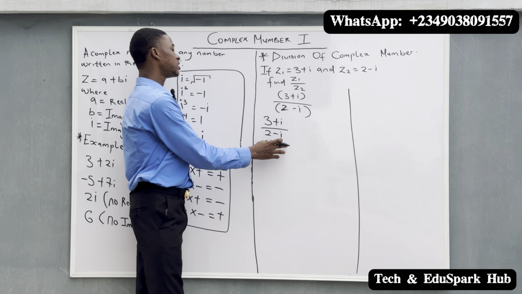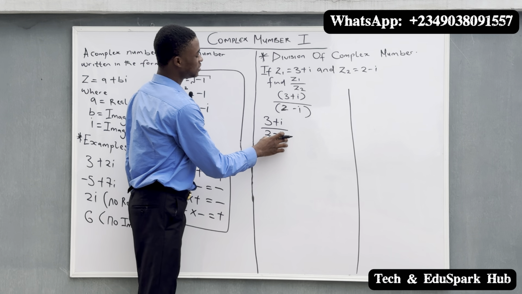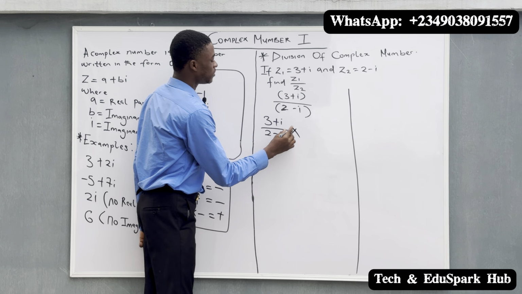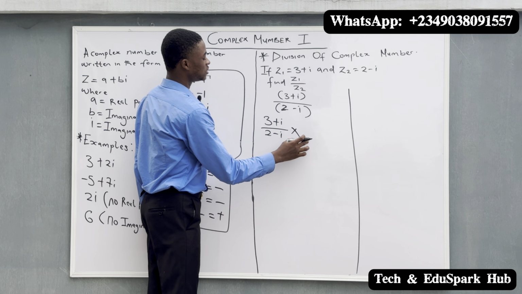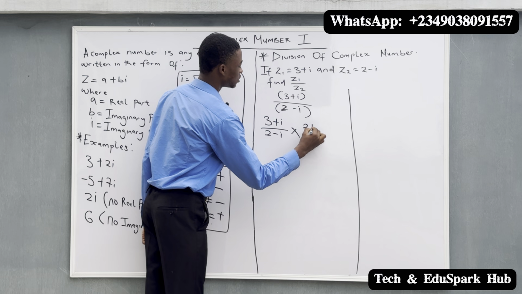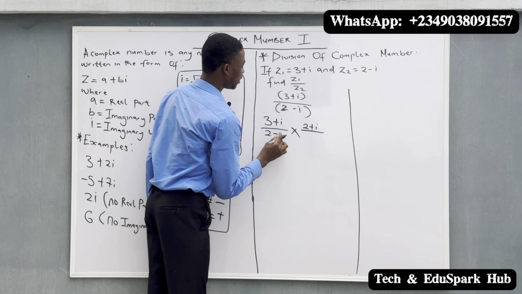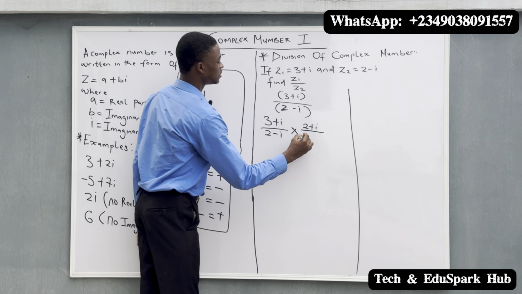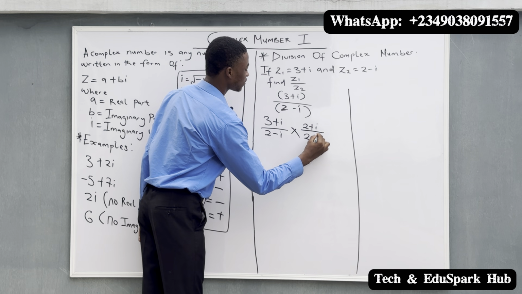Remember we said the conjugate is just as easy as interchanging the sign. So we can multiply this by what is on top and also multiply the conjugate by what is below. So the conjugate of 2 minus I will be given as 2 plus I divided by also multiply by what is below, which is the conjugate, which is 2 plus I.